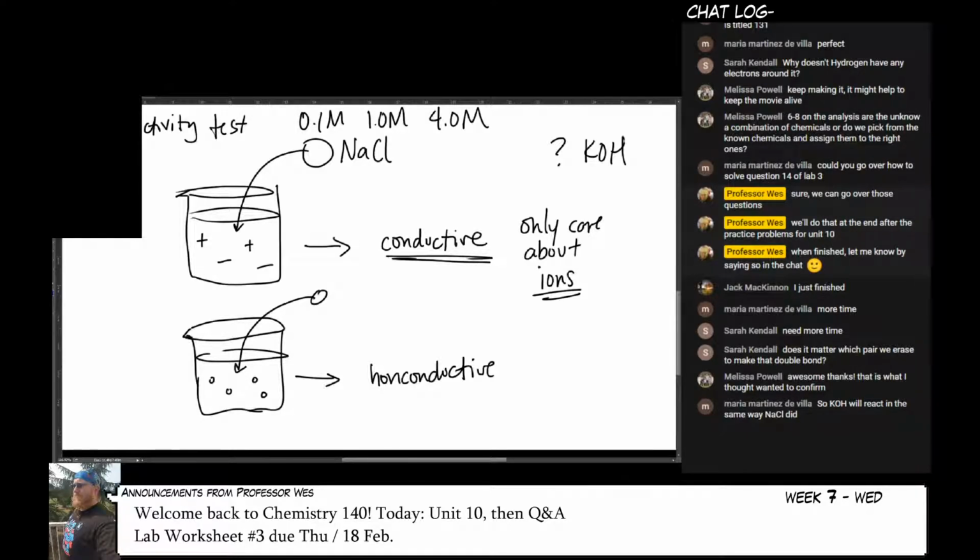I guess to answer what you wrote, KOH won't react in the same way because there isn't a reaction, but it will behave in the same way. Hopefully that helps you.